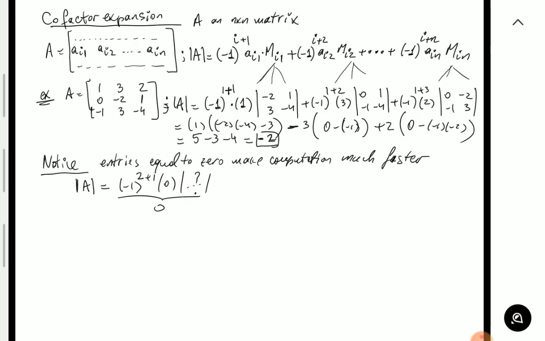And I can continue with the second one, minus 1 to the power row 2, column 2, entry in the matrix minus 2. The minor for that is 1, 2, minus 1, minus 4. So I have only two minors to compute. Minus 1 to the power 2 plus 3, the last element. The entry is 1, and then you have 1, 3, minus 1, and 3.